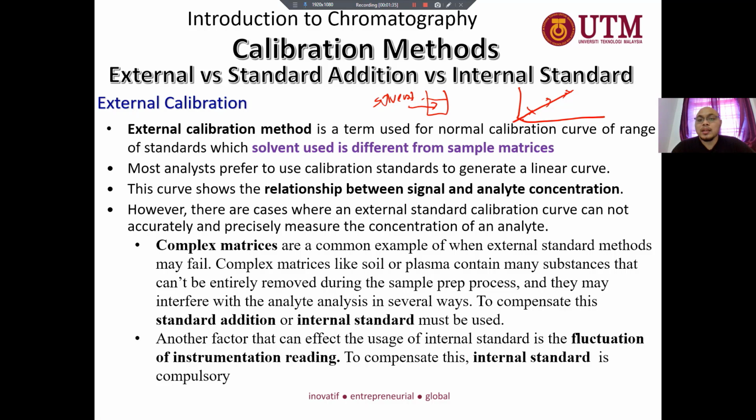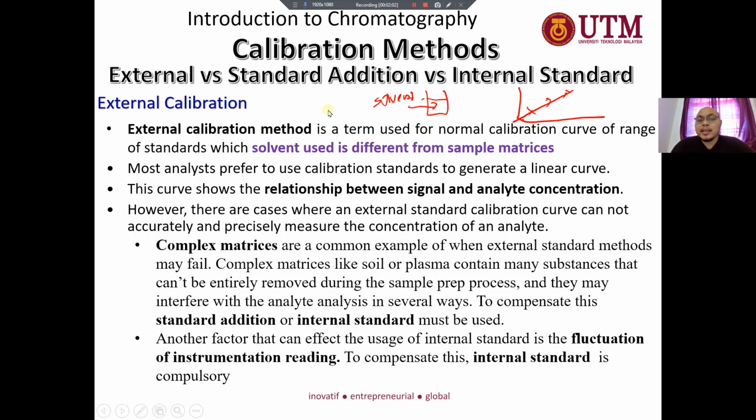For example, for analysis of copper in river water, to perform the calibration curve using external calibration, we actually use solvent to prepare the calibration standards. In some other calibration methods, they will use the river water itself as the sample matrix.